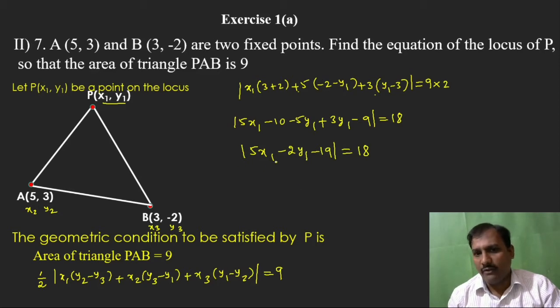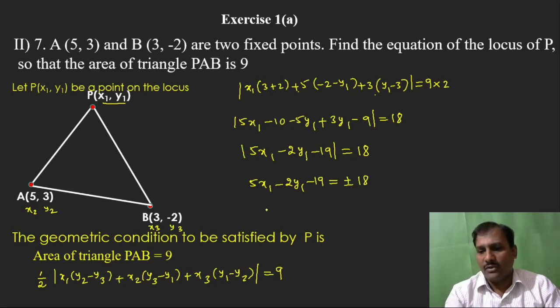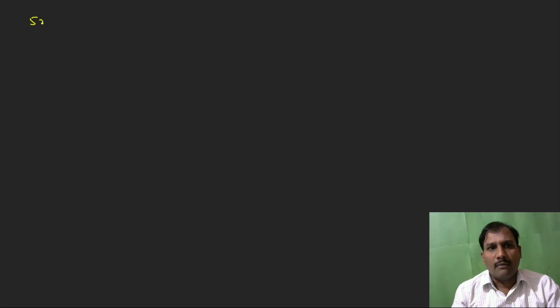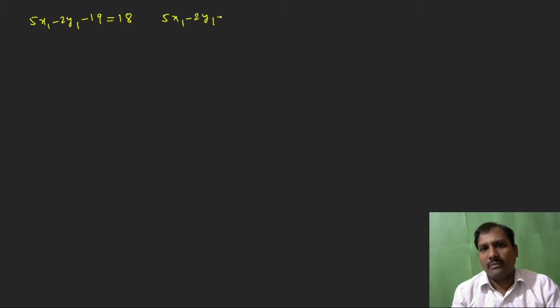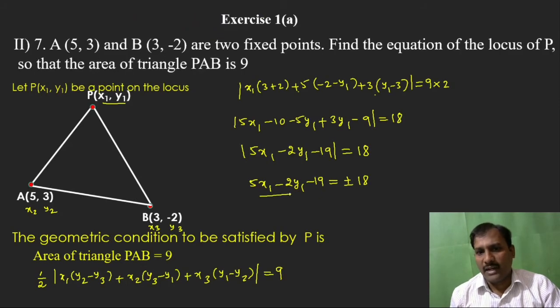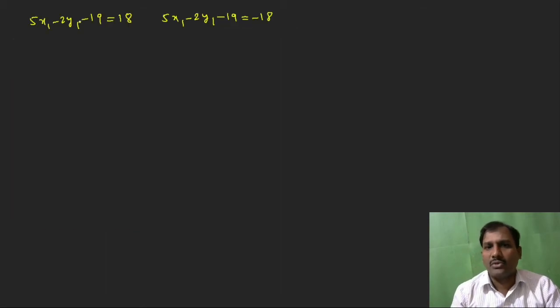So now here we have a modulus. If you remove the modulus here, 5x1 minus 2y1 minus 19, on the right side you will get plus or minus 18. So 5x1 minus 2y1 minus 19 equal to plus 18 once and minus 18 once you have to take. So I wrote it into two equations.